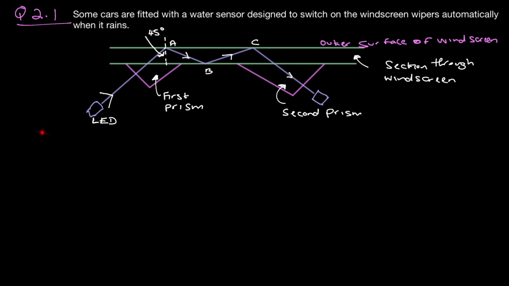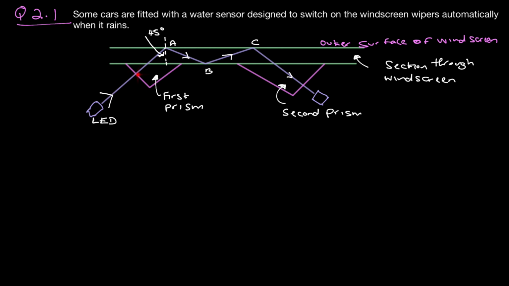Question 2.1 says to suggest how the design ensures that there is no deviation of the ray as it enters the first prism. So the ray has to enter the prism along the line of normal.